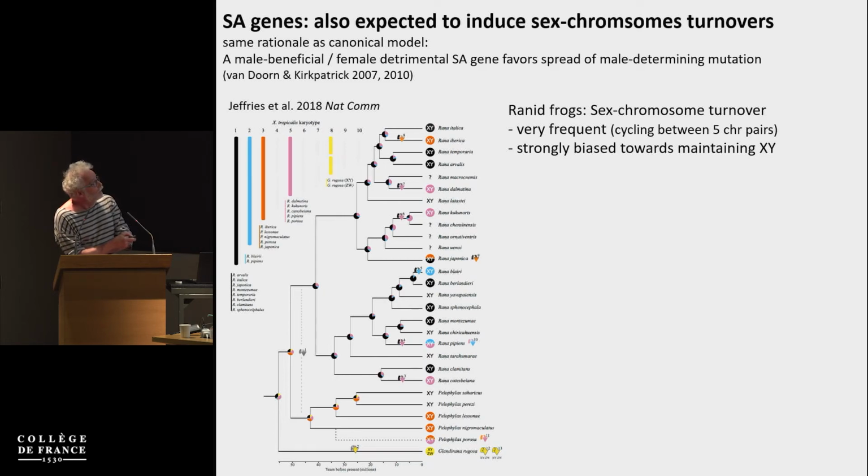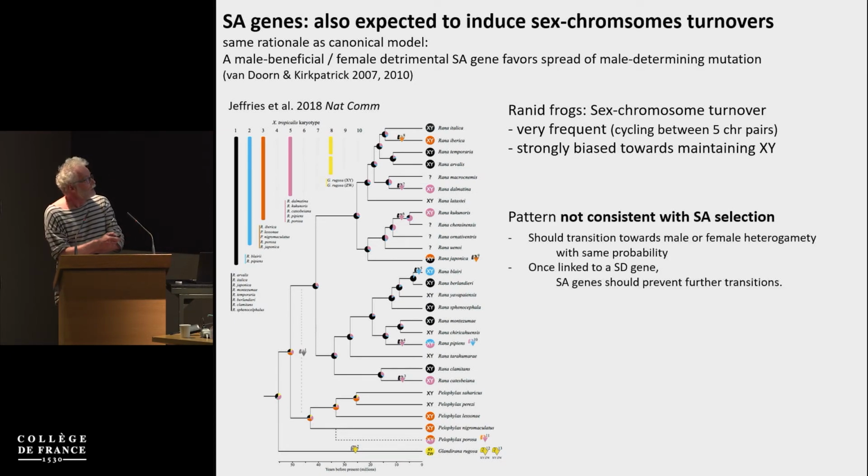So very frequent turnovers, cycling between 5 pairs, which are often found as sex chromosomes, and also an important trend, a strong bias towards maintaining an XY system. You can see that all these species have an XY system, except for one exception, Glandirana rugosa from Japan, where some populations are XY and others are ZW.